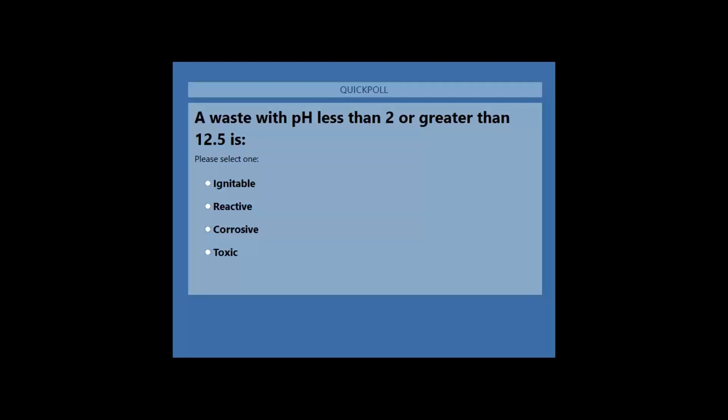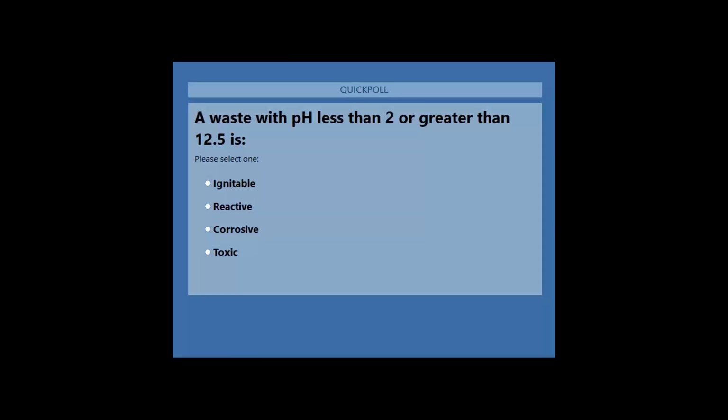Polls have been launched. If you do not see it yet, it should pop up in a second. Please make your selections now. We have about 60% of the people have responded.